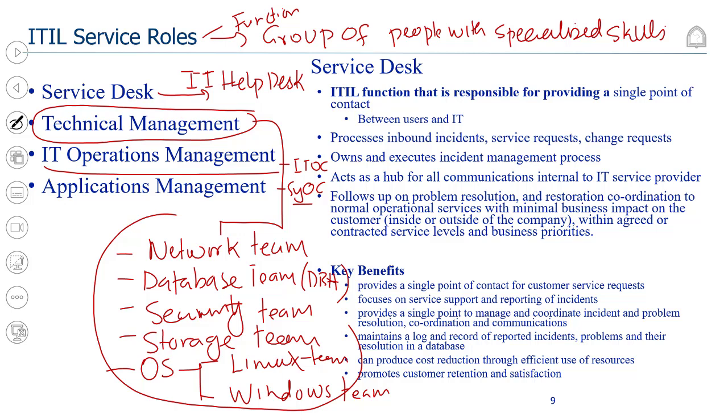This is for critical systems. These are systems which, for example, cannot go down even for a single minute, like your payment gateways, your ATMs, those are very critical systems. So they would have these teams called IT operations management team, but they always call them ITOC.